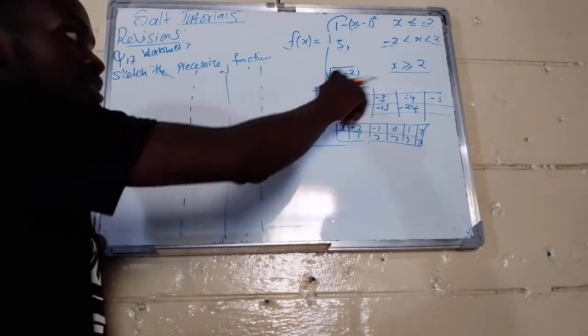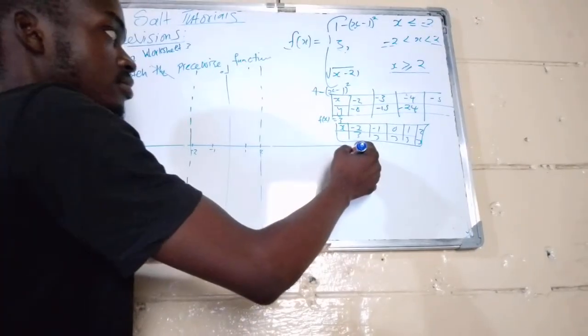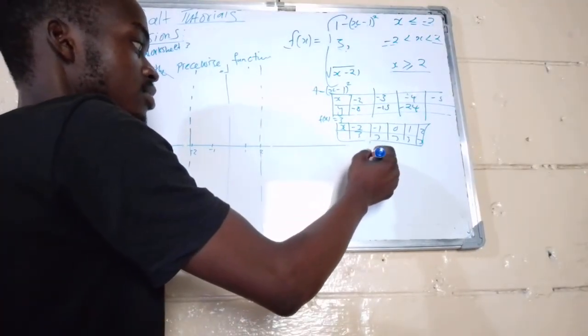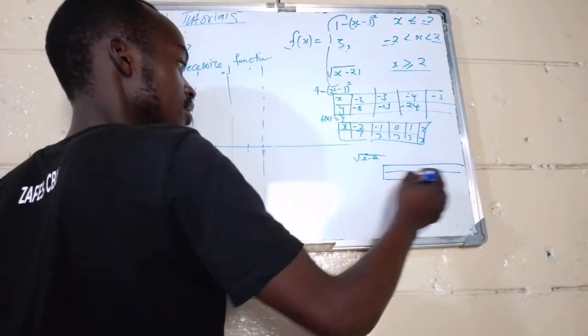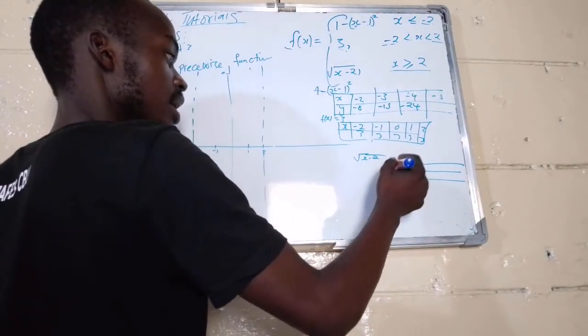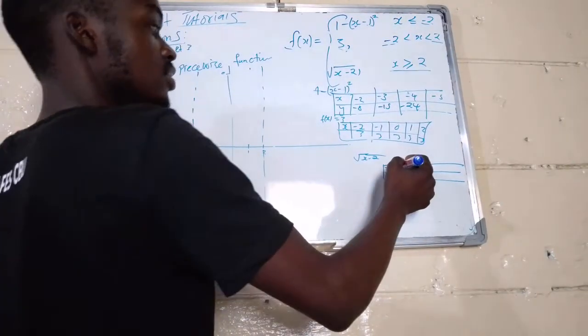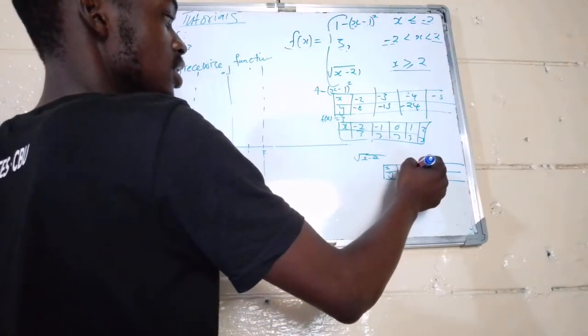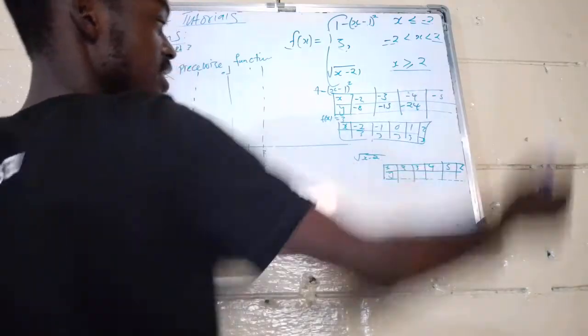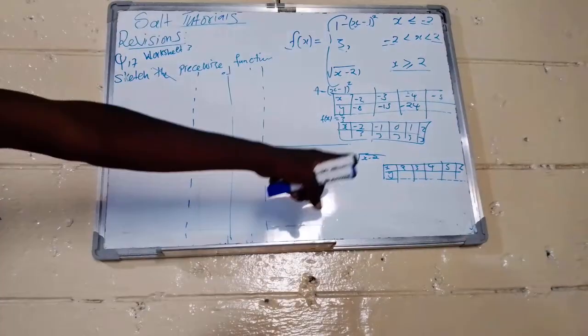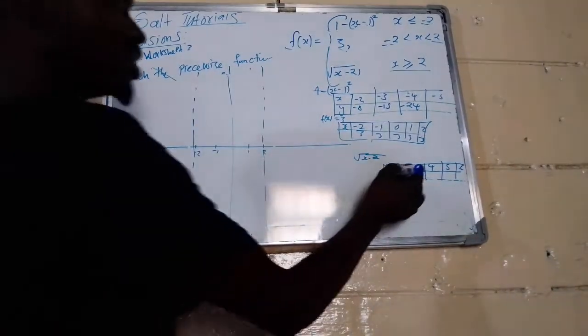And then for this one, the square root of x minus 2, you can do the same table of values. x, y. When x is 2, when x is 3, when x is 4, when x is 5, the values are greater than 2. Basically, when x is 2, obviously it starts at 0.